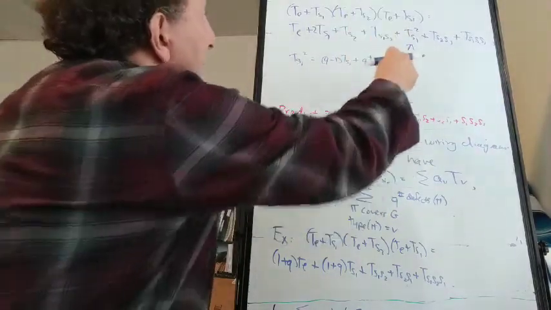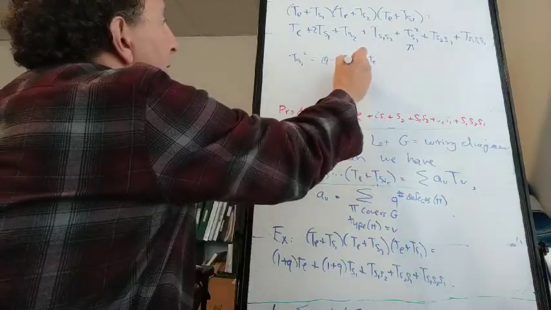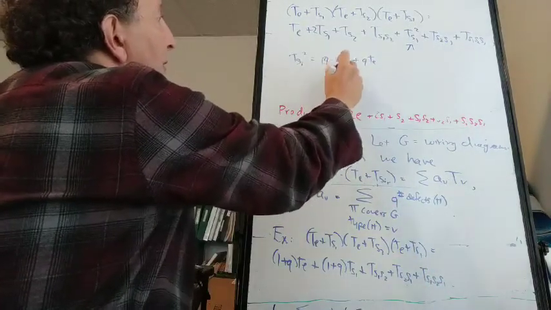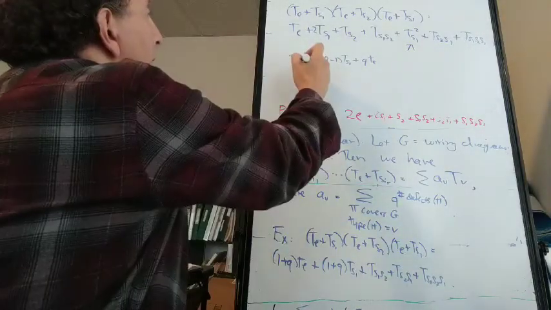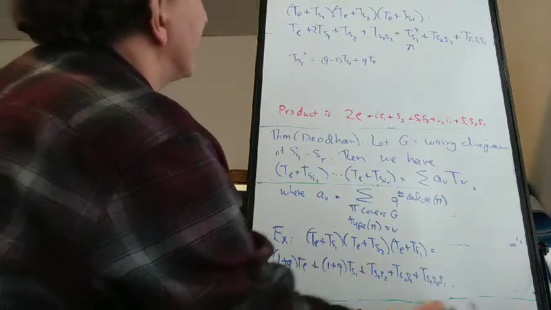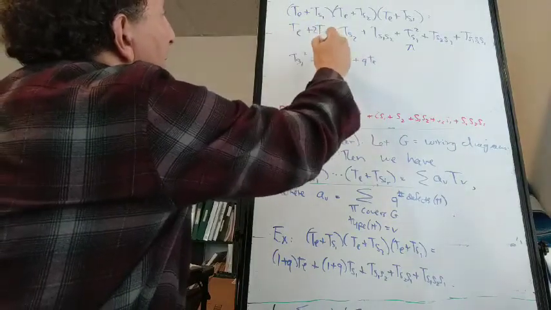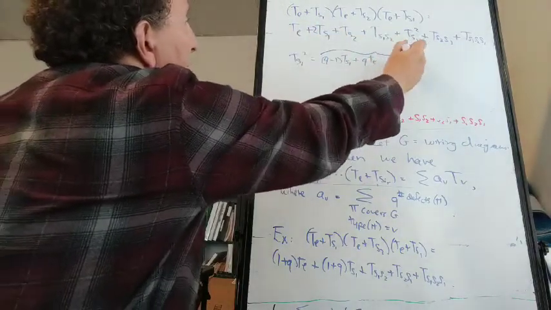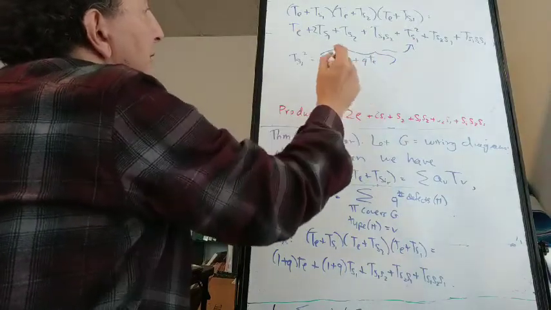So this element is (Q minus 1) TS1 plus Q TE. So that means that our coefficient of TE is 1 plus Q.